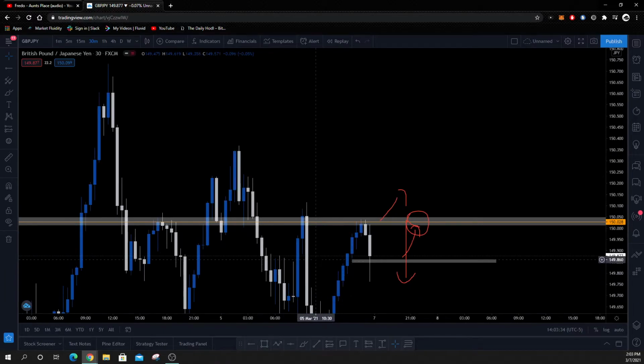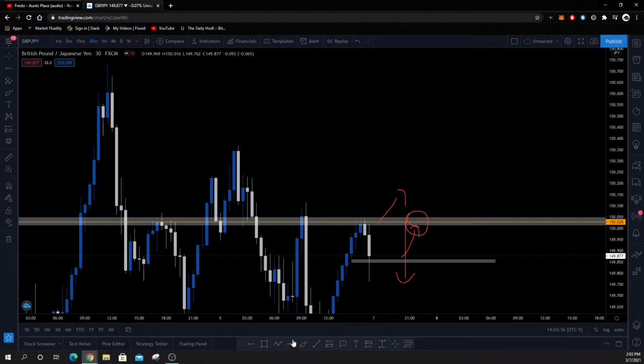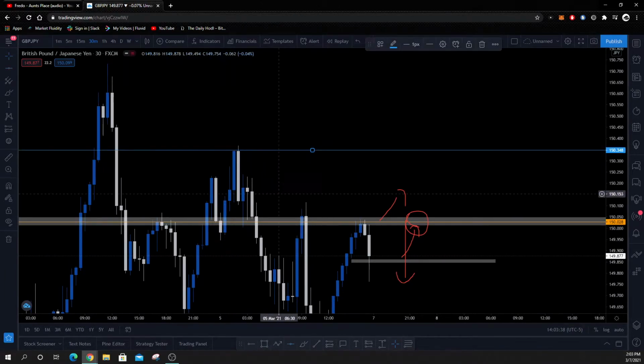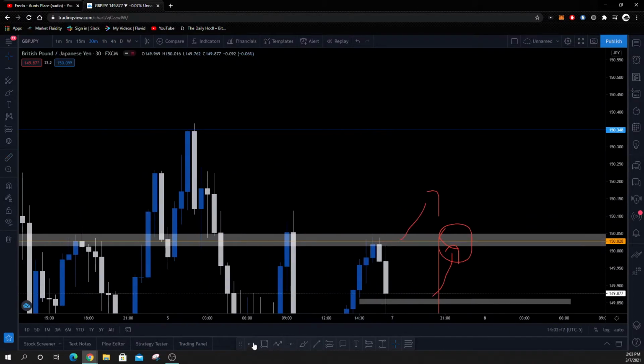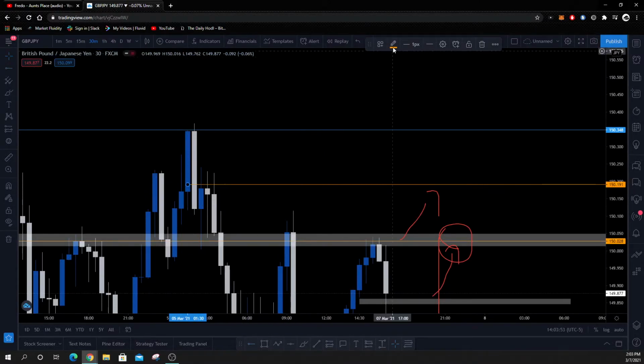The second play we could have is for buys, which will be somewhere around these areas. The first target would be somewhere here, which is around 16 pips, because we have some sort of rejection somewhere here. So this will be the first target, around 150.200 or 150.190.